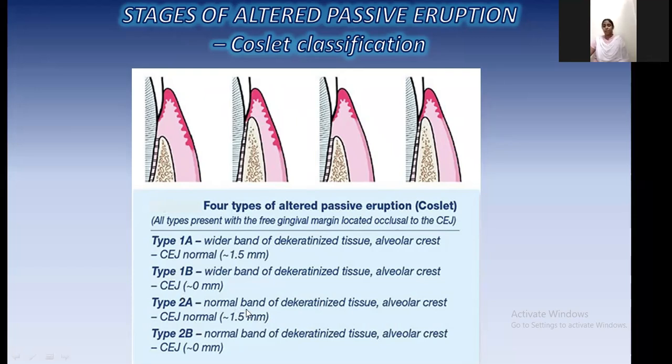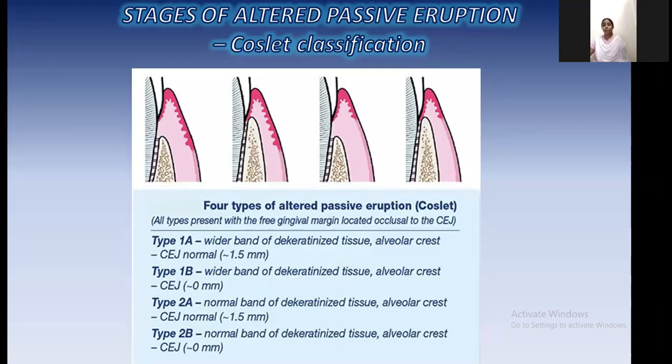Type 2A, normal band of dekeratinized tissue, and the alveolar crest to CEJ is normal, again 1.5 mm. Type 2B, normal band of dekeratinized tissue, and the alveolar crest to CEJ is 0 mm. Note down this also along with the diagrams.